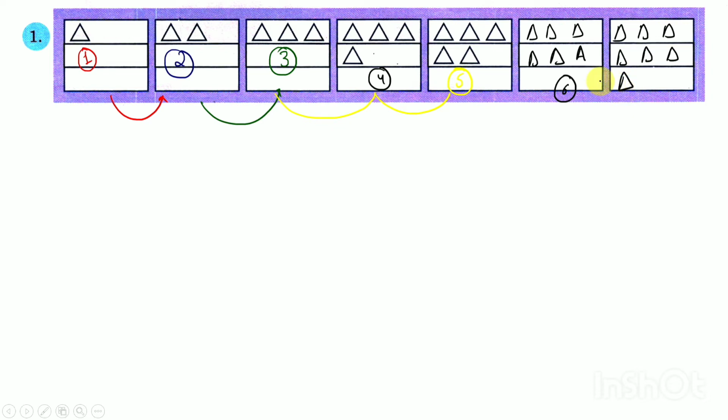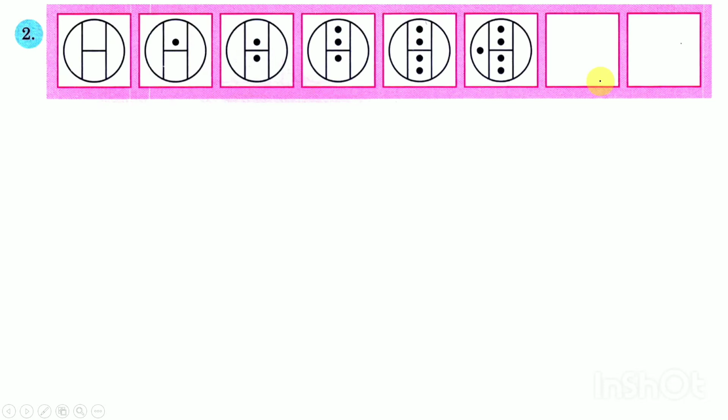Now let's try our next question. Here what we are seeing is that on moving to each figure there is an increase of one black dot, but in an alternating pattern. Moving on, there is an increase in the black dot in this portion, while on moving to the next there is an increase of one dot but on the opposite side, that is here.